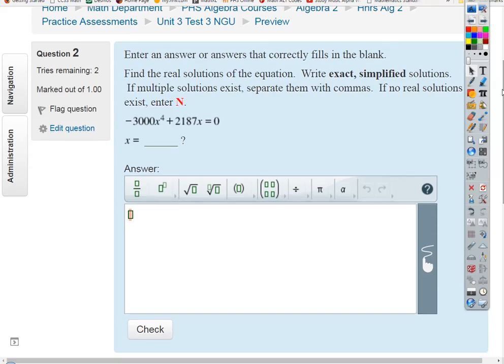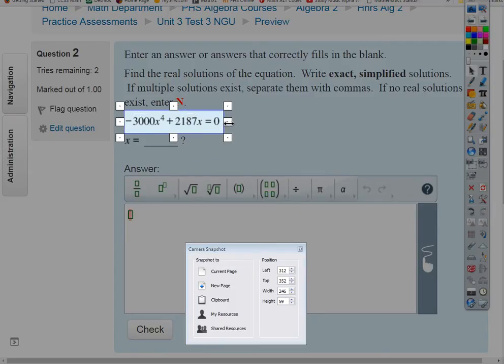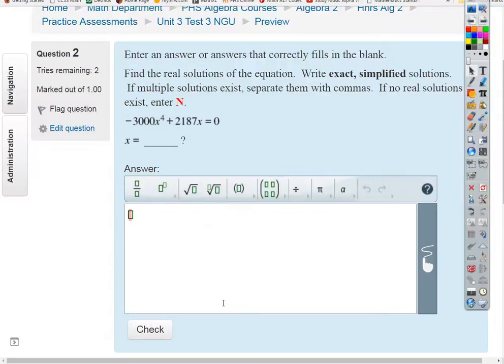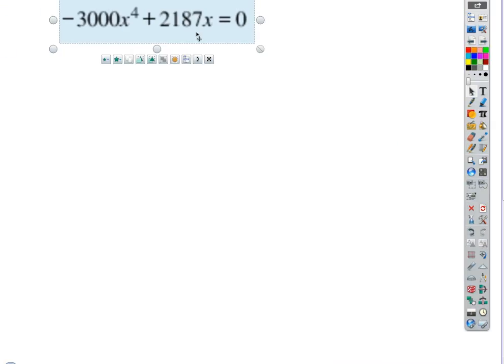Okay, what about this? Now this is different. This is saying find all real solutions. Okay? So what am I going to do with this guy? If I'm solving it, what am I going to do?